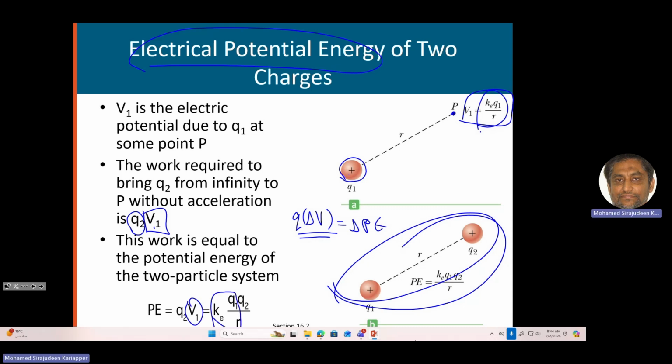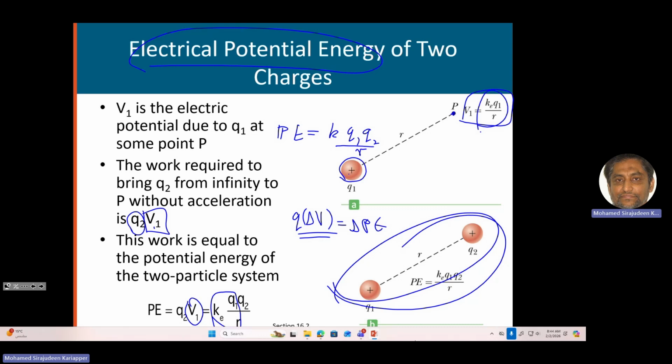So we finally get the potential energy of the two-particle system equal to K Q1 Q2 over R. So another equation, okay? What is the potential energy of a two-particle system which are kept at a distance of R away?